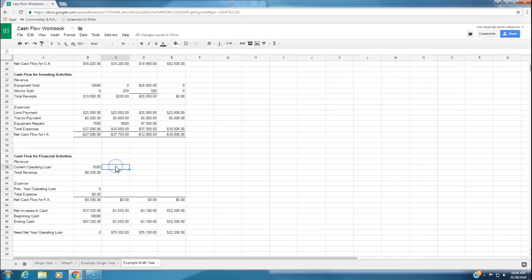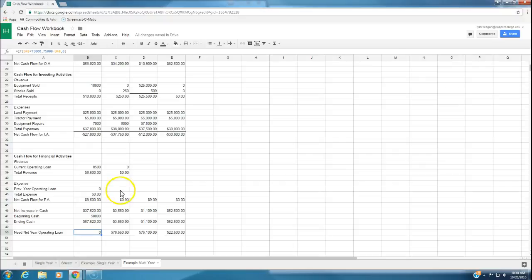So what we actually do is come up here and cell reference this value right here. The reason for that is that in 2014 we had a high enough amount in our ending cash where we didn't need to take out an operating loan. So revenue from operating loan in 2015 is equal to 0 because we did not need to take out an operating loan.